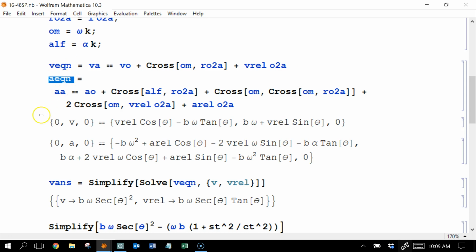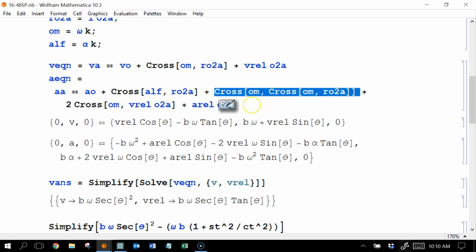My acceleration equation mimics the velocity equation, so your AA equals AO plus alpha cross R instead of omega, and then it's omega cross omega cross R. That's the non-simplified version, but Mathematica can do two cross products real quick.